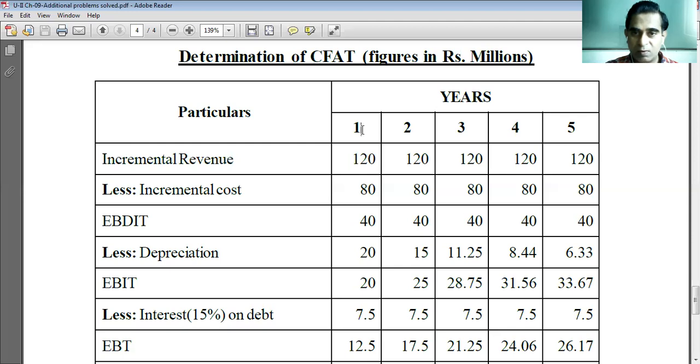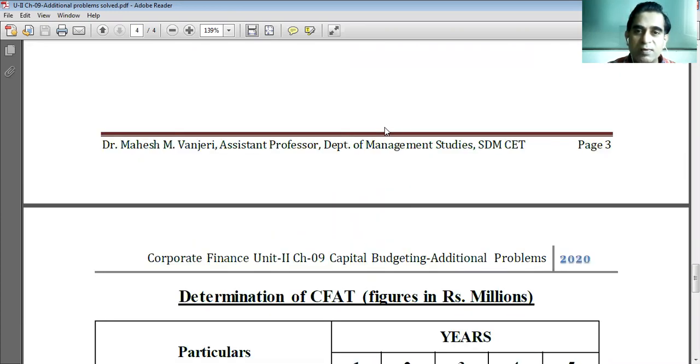One thing I have missed out is, for each year column, I should write in brackets rupees in million. Please do it, don't forget. So incremental revenue in year 1 is 120 million rupees, which is given in the problem.